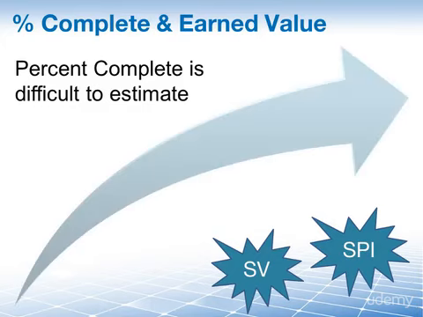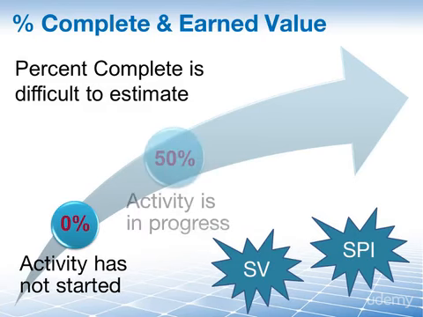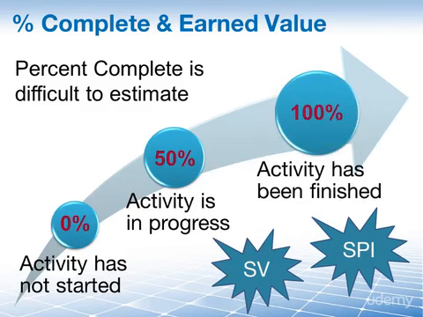That is why in earned value management we often employ the approach that you only use 3 numbers. You say the percent complete is 0 when the task has not yet started. Percent complete is 50% when the task is in progress, and it's 100% complete when the task, the activity, has actually been completed and has been verified and validated.